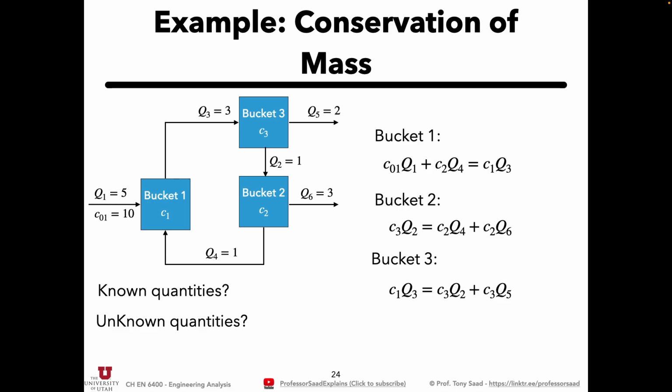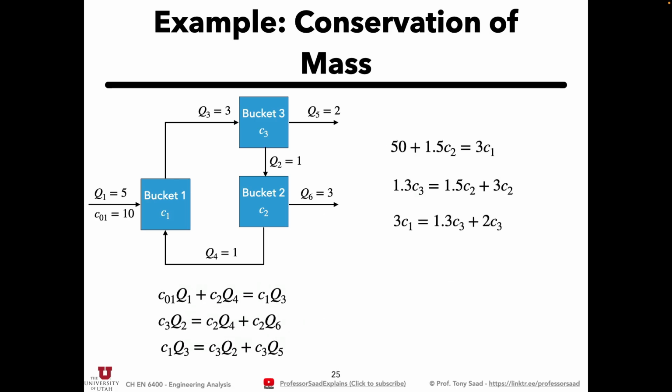Great. Let's clean them up a little bit. I'm going to substitute whatever I know as a number, and then I can see my system of equations showing up with only the unknowns being C1, C2, and C3. Now, it looks bad right now because it's not arranged properly.